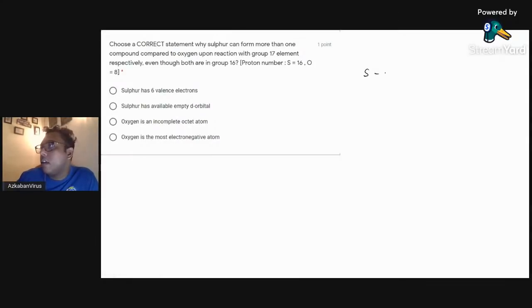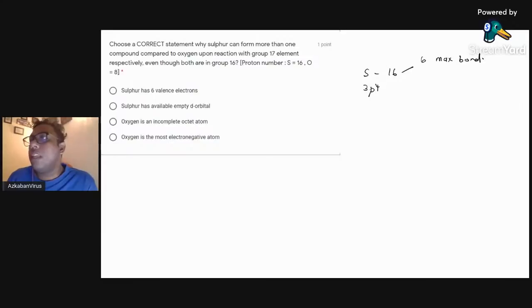Sulfur is in group 16. Since it is in period 3, it has 3d, 3p4. So it can make 6 bonds, a maximum of 6 bonds, to get the lowest formal charge. The question asks why sulfur can form more than one compound, meaning it can have SO2, SO3, SO4 when combined with oxygen, even though they are in the same group.